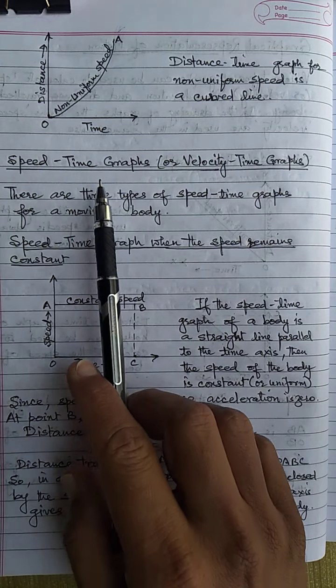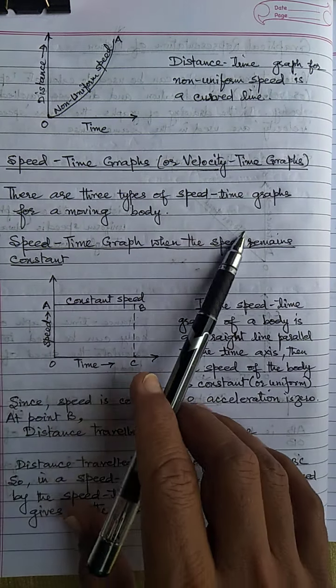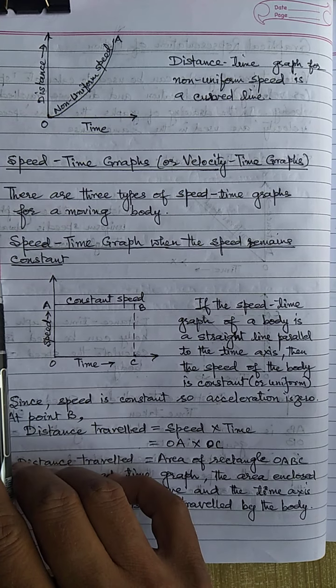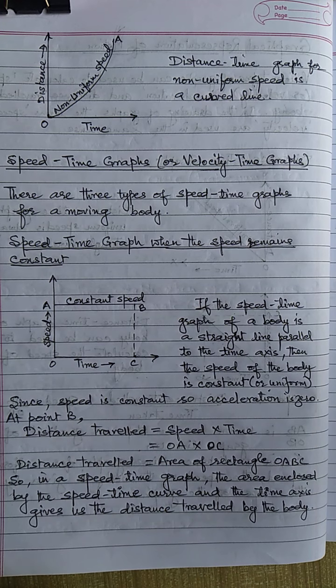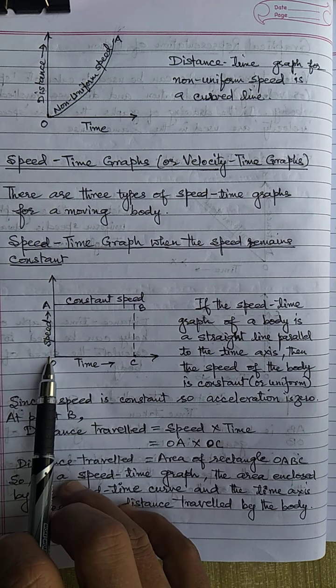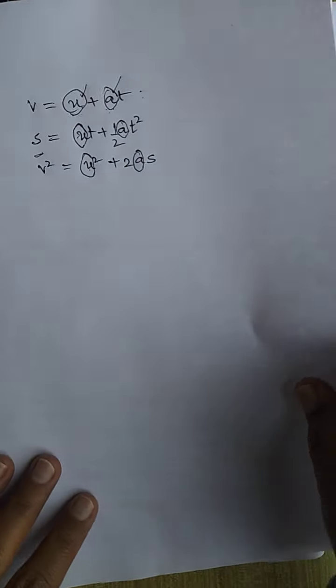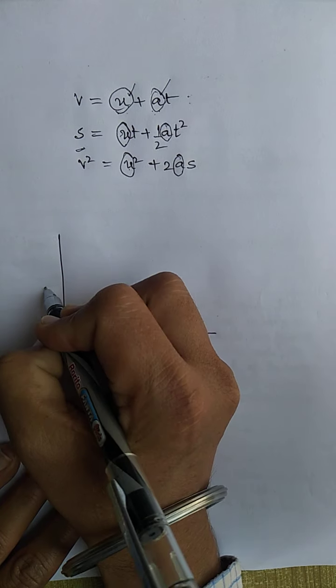Next we will see speed time graphs or velocity time graphs. There are three types of graphs. First is the speed time graph when the speed remains constant. I just forgot to tell you, suppose this is a distance time graph.